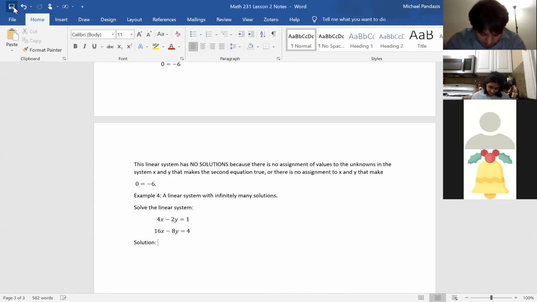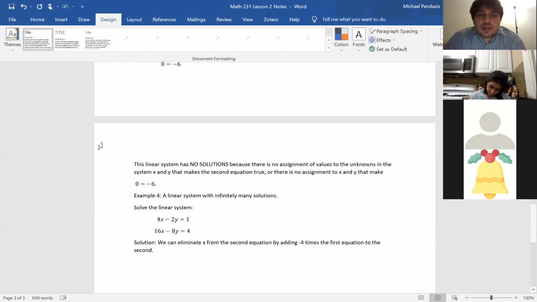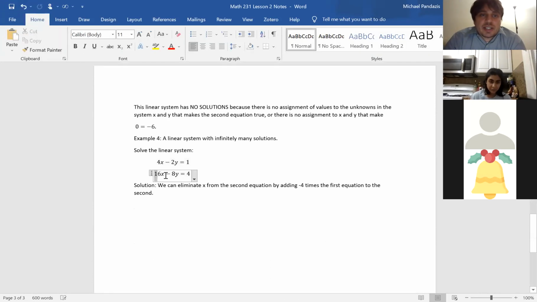Okay, so we can eliminate x from the second equation by adding -4 times the first equation to the second. How am I getting these operations? Well, you have a 16x here and a 4x here. If you take 4 and multiply it by -4, you get the opposite of 16, -16.